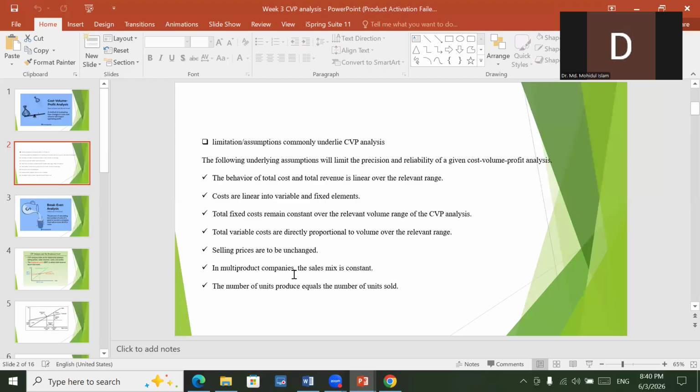In multiple product companies, the sales mix is constant. Multiple variations of the product or group of industries, consider here a constant sales mix. Every item is sold at a constant or equivalent rate, considered in the CVP analysis.